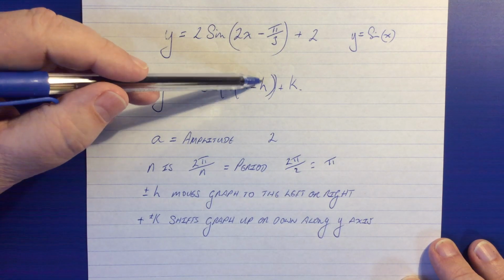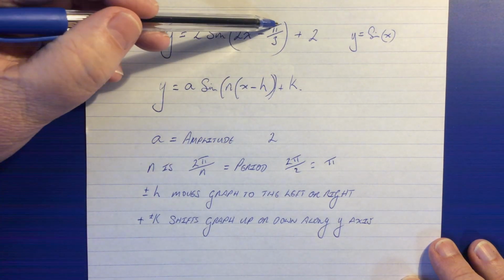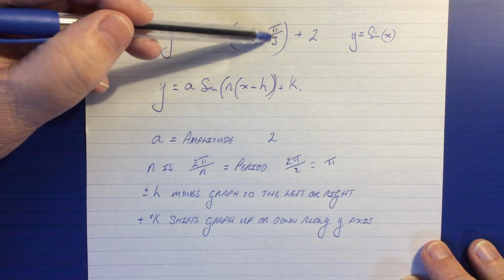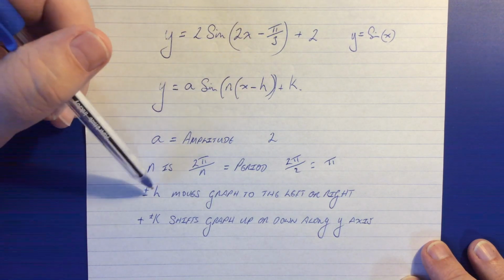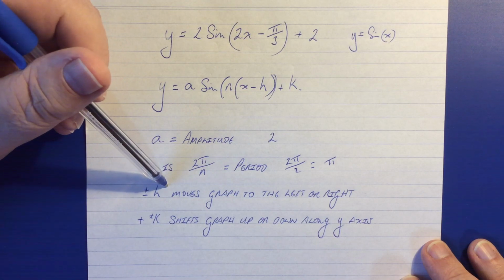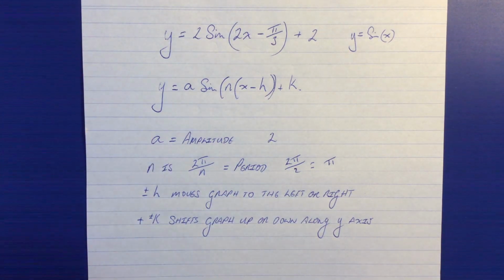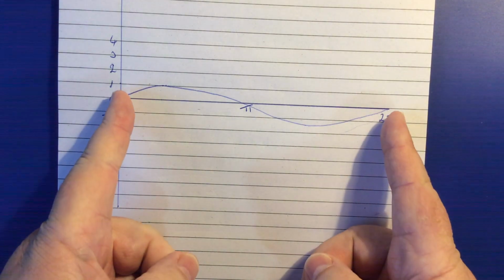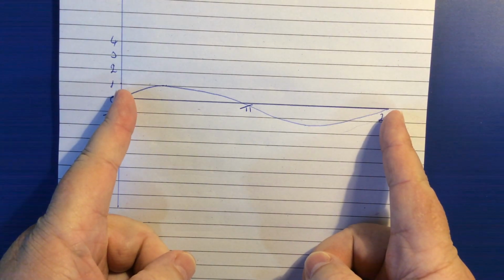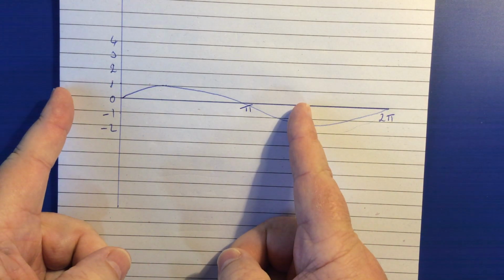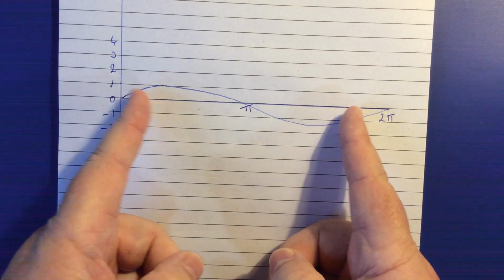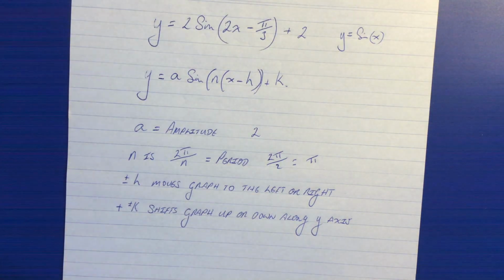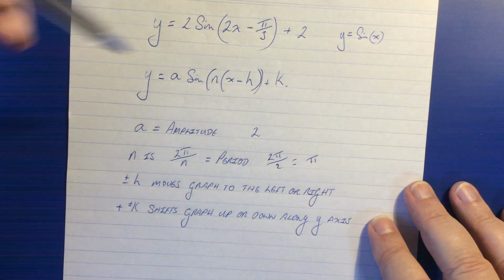Right, this value here, which I've given a precise value, negative pi on 3, but in general terms it moves the graph to the left or the right. So what does that mean in practice? It's as if we take the graph and we just pick it up and move it left or right. You will have seen this with a whole pile of other graphs.